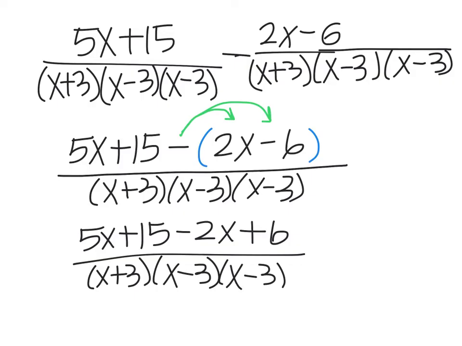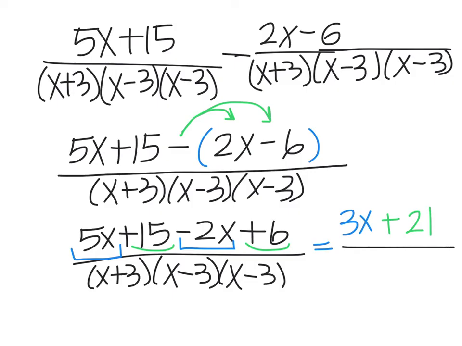When we combine our like terms, we get 5x minus 2x, that gives us 3x, and then 15 plus 6 gives us positive 21, over our denominator x plus 3, x minus 3 squared.